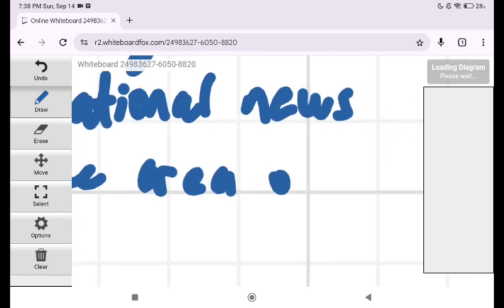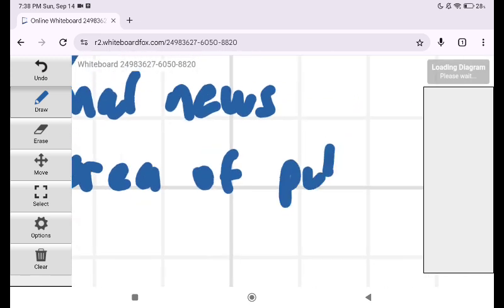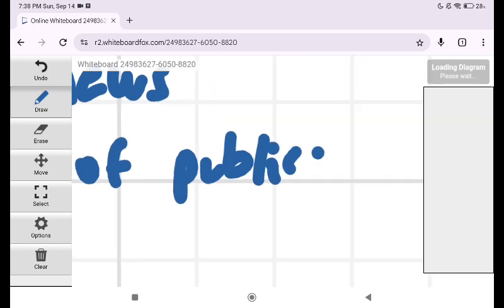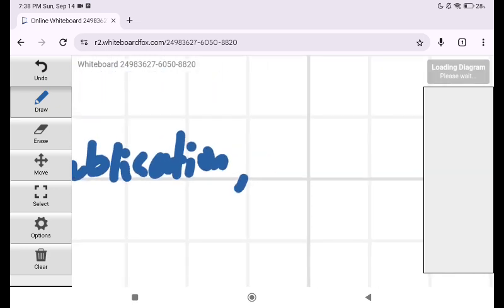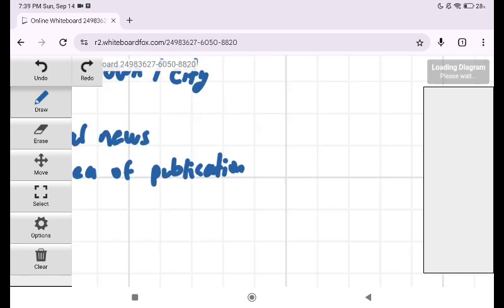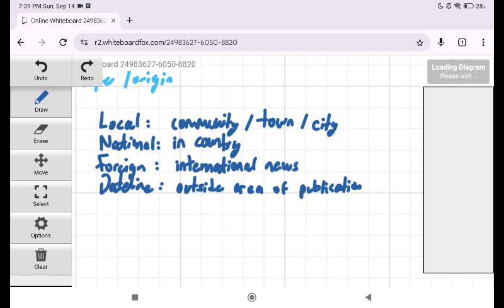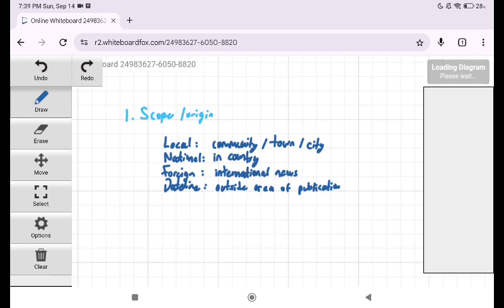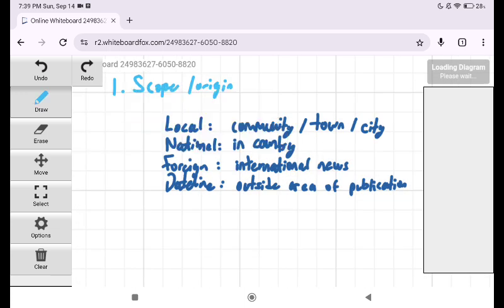Outside area of publication, and the area where the news story is written about is stated along with the date at the very front, at the very start of the article.